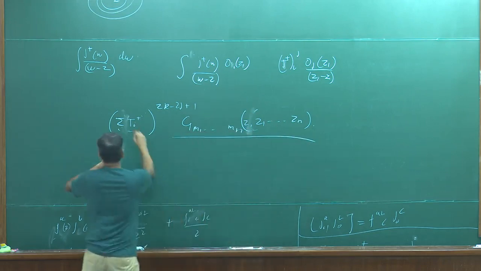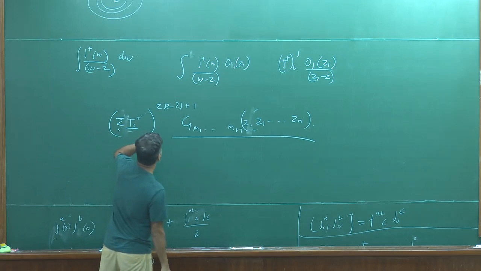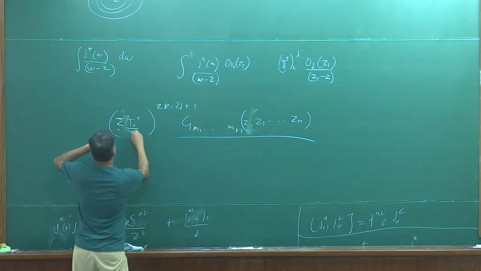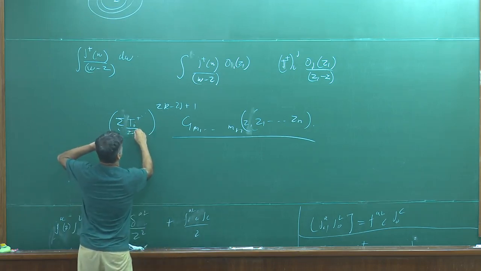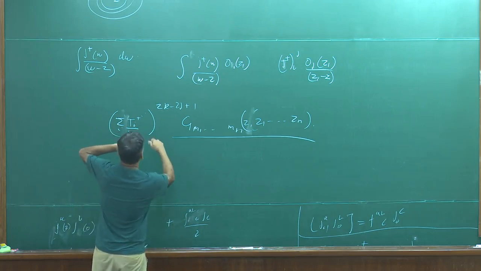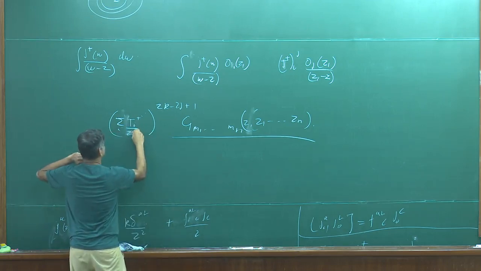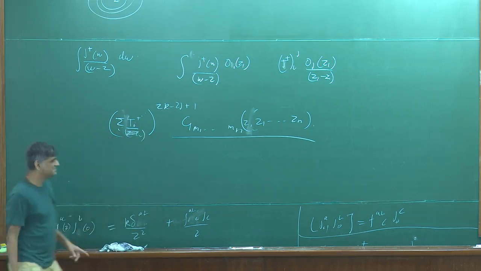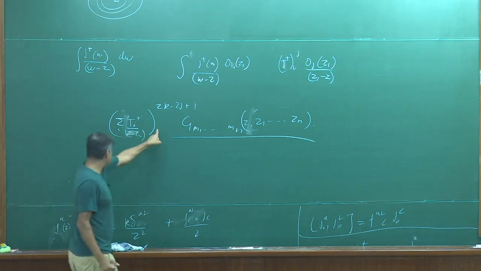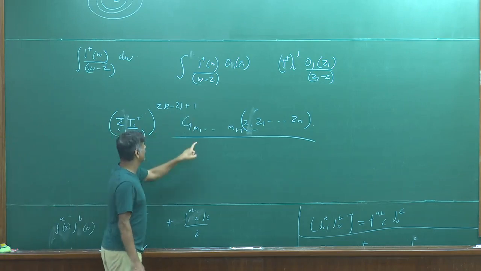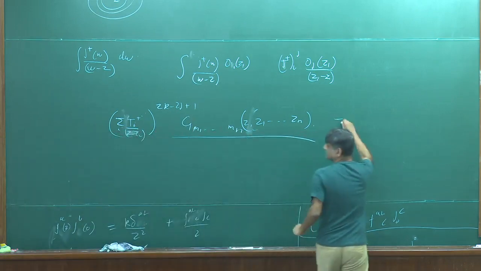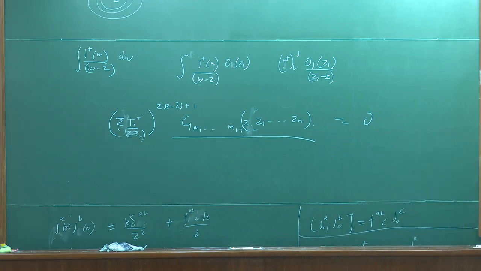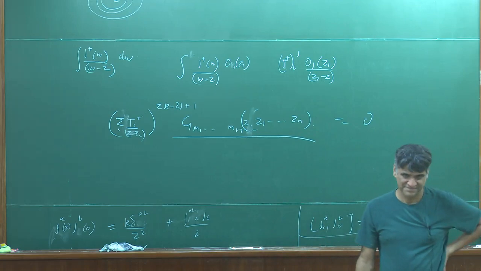So each t comes with a Z minus Zi, or Zi minus Z, whatever. So this, to the power, acting on this, is equal to 0. Is this clear?